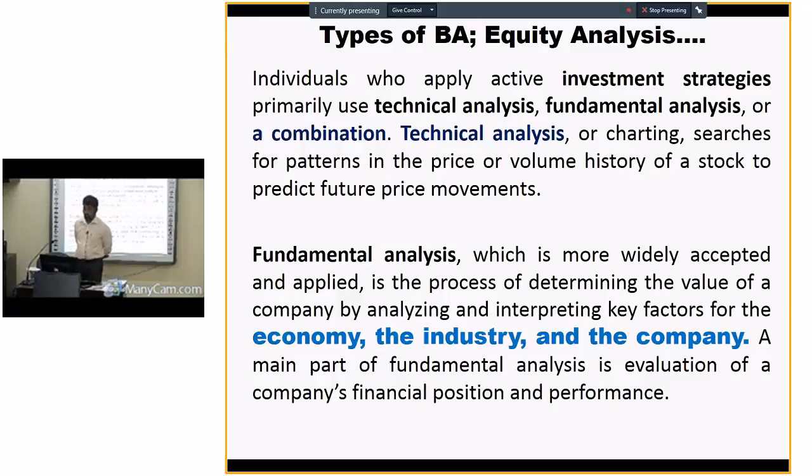As you all know, under technical analysis we identify the pattern of the previous data or prices. Based on that, we can predict the future. We can identify the movement of stock prices based on the previous pattern. That is technical analysis. I think you are aware of that from the corporate finance subject.